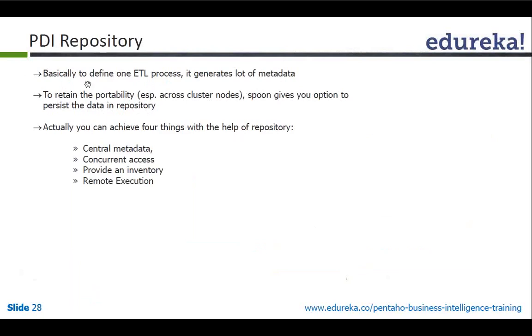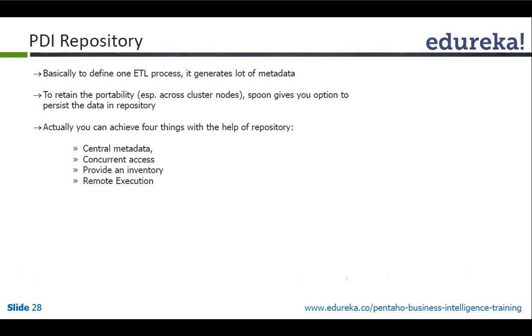So the features: to define one ETL process, it generates a lot of metadata. Now when we run through the examples, you'll see it is not a single-step process, but involves multiple steps. So a lot of metadata is involved, and it becomes handy when you're storing it in the repository. Also, if you want to share your work with your counterpart, your peer, and you are saving it at a centralized place, then it can be easily shared.